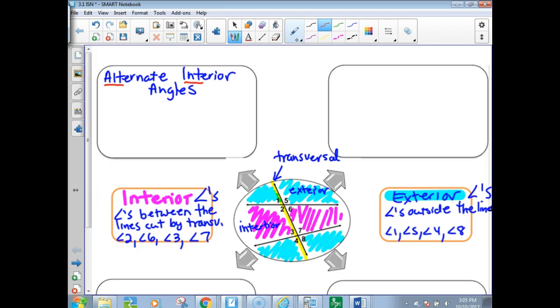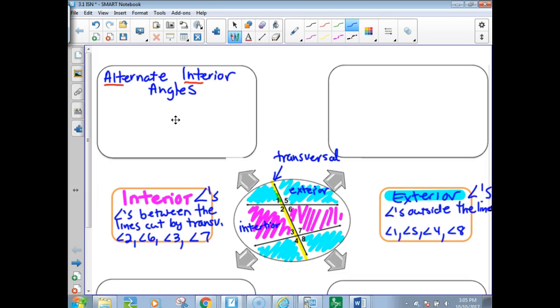Now let's think about the wording of alternates. Alternating means switching. Alternate, you take turns, or one alternate, switch over. So in this diagram, I'd like to know where the alternate interior angles are.